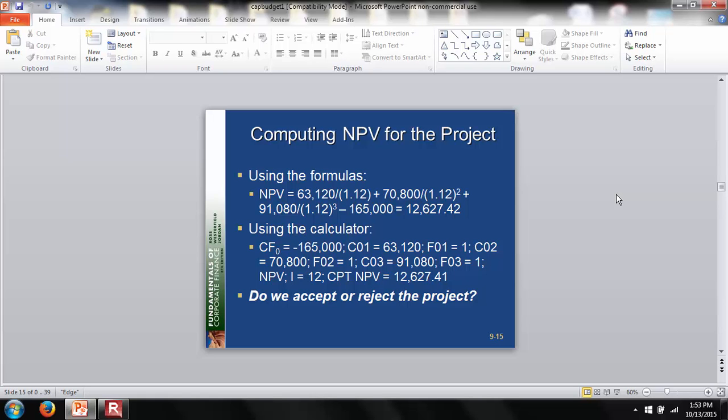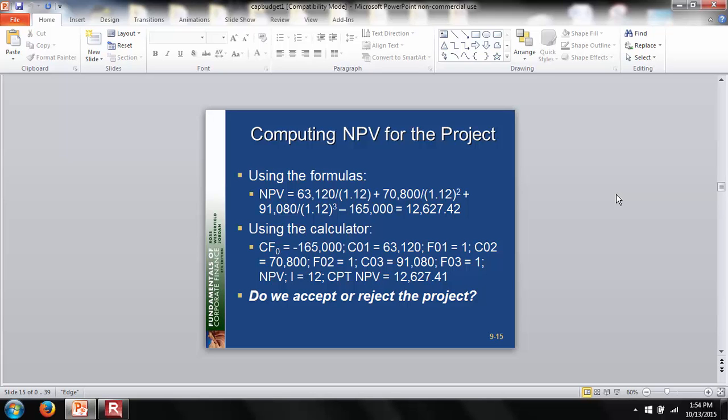And the 91,080 in year 3, we want to find out the present value. That's why we divide that by 1.12 raised to 3, minus the investment, which is the $165,000. So that gives you an NPV of $12,627.42.